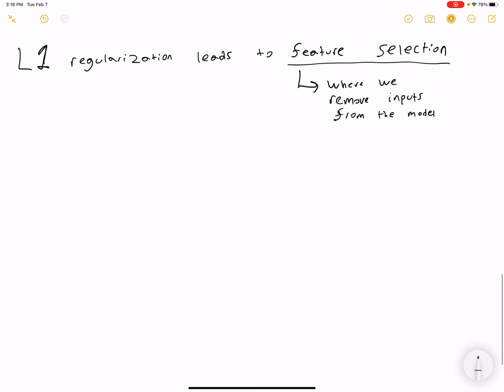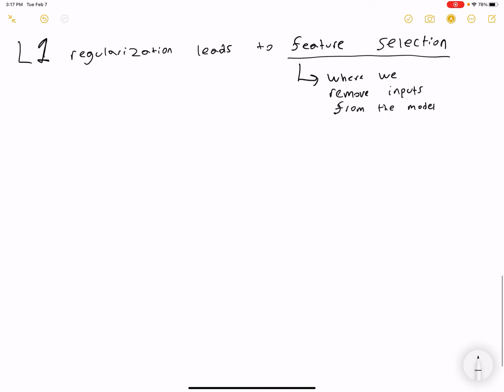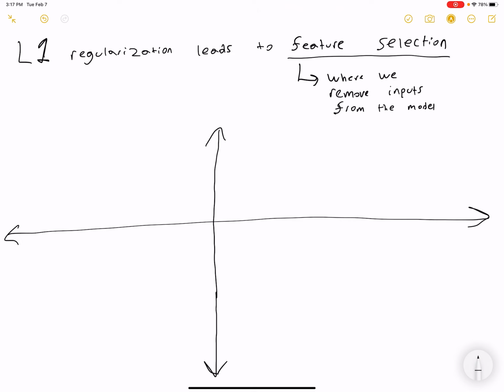And I think the only way to really see this is to draw it out pictorially to see why this may happen. So I'm going to draw a plot with theta 0 and theta 1. These are just two of the parameters of the model.